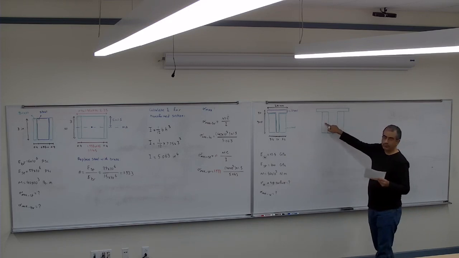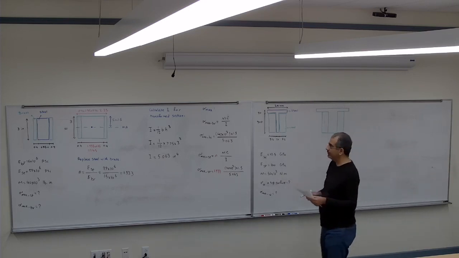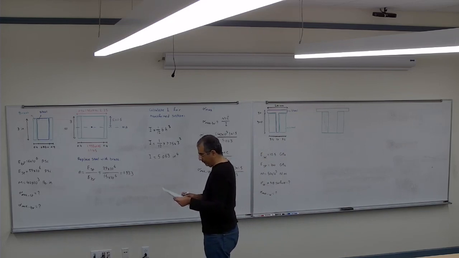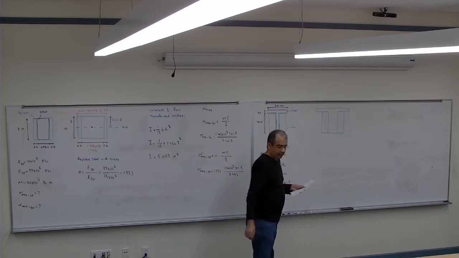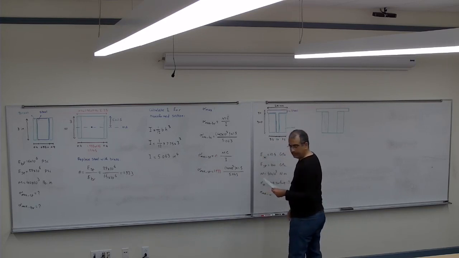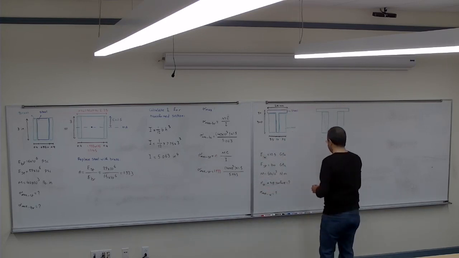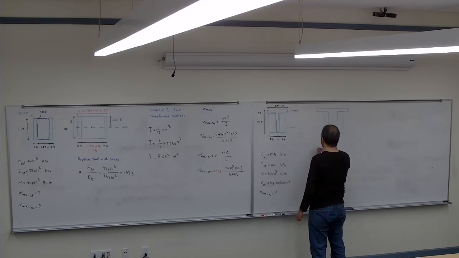These are the original wood, and this is the T-shape that it becomes large. Now, I want to transform it. So I want to replace steel with wood.